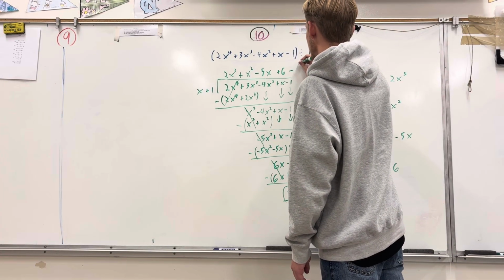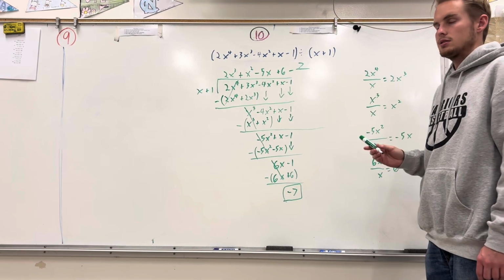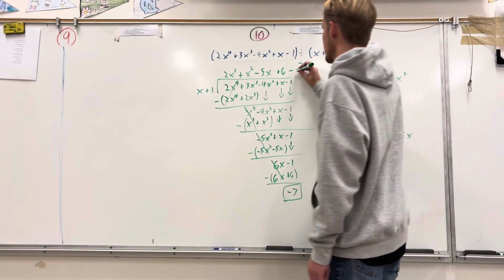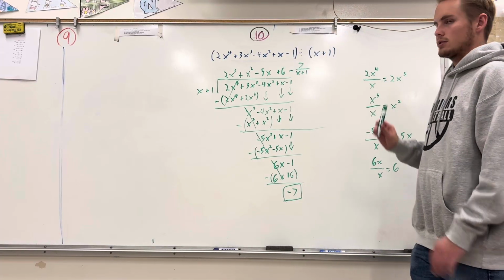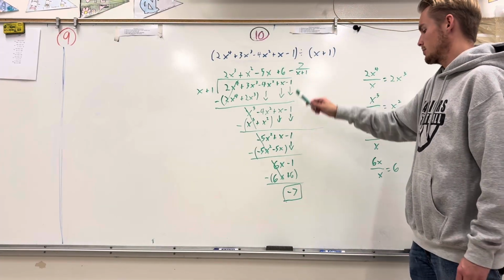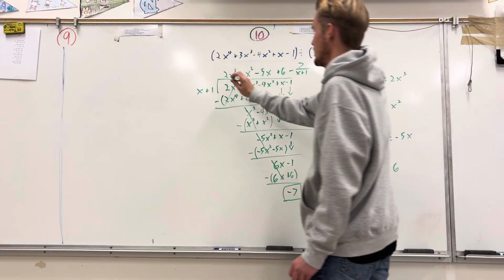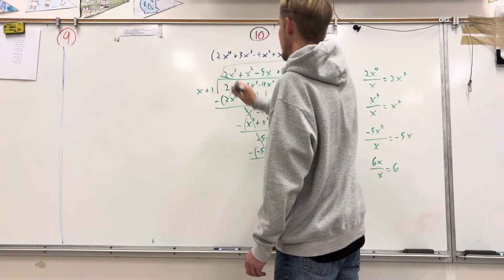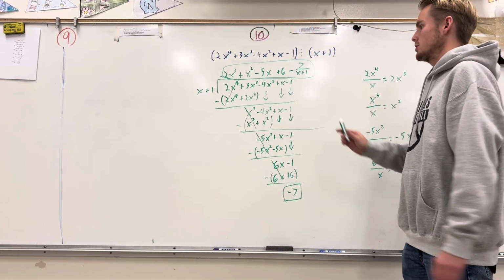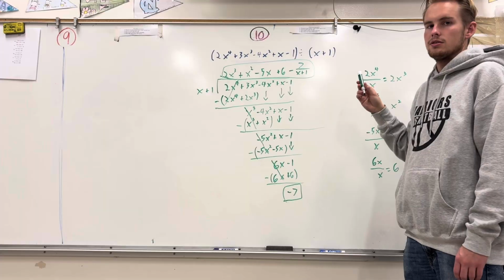So minus 7, and if you guys remember, we write it as a fraction, so minus 7 over x plus 1. And just to make it clear, we're putting this minus here because this is negative 7. And that up here is our final answer. So this is what you would get if you divide this by this using long division.